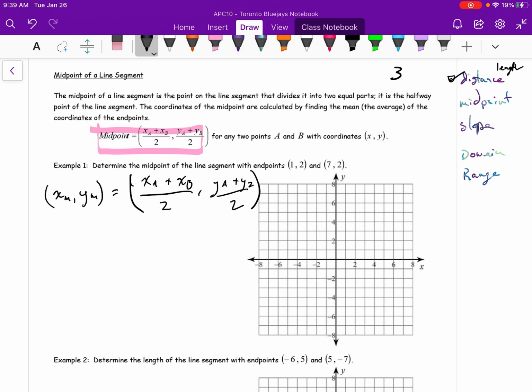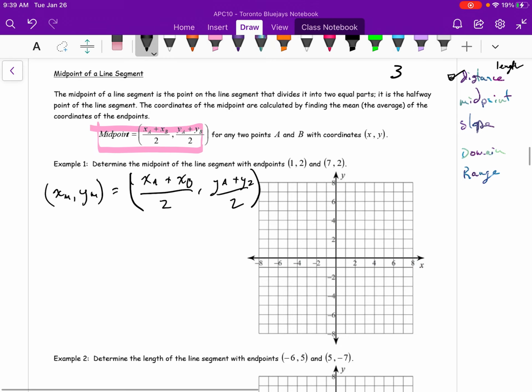If I have endpoints 1, 2, and 7, 2 for my line segment, there we are. Now they're in the right spot. The midpoint, well, I'm going to draw my line segment.